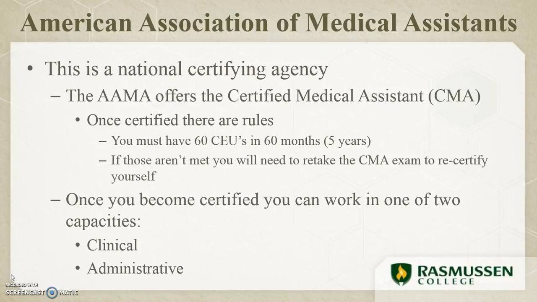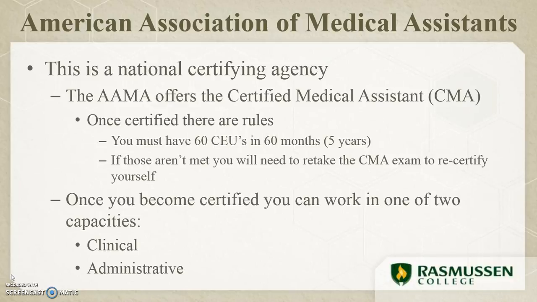That is not something that you want to do, so I highly suggest that once you get into your careers, you get settled, you start working full-time, start doing those CEUs. You need to have at least 12 a year in order to meet that 60 CEU requirement.